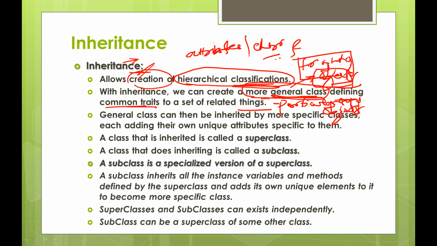What you have to do first is define a general class that defines your common attributes, characteristics or traits. Then once you define this general class, you inherit that general class to create subclasses or specific classes.